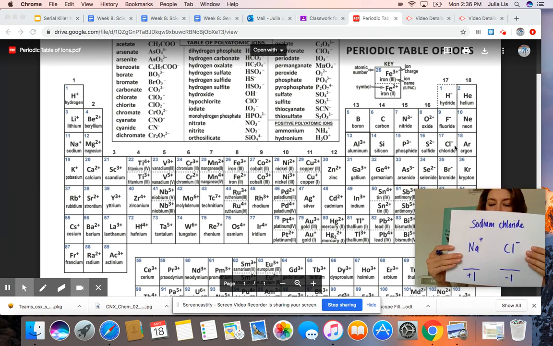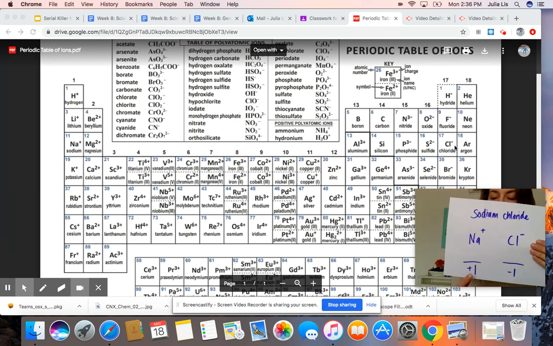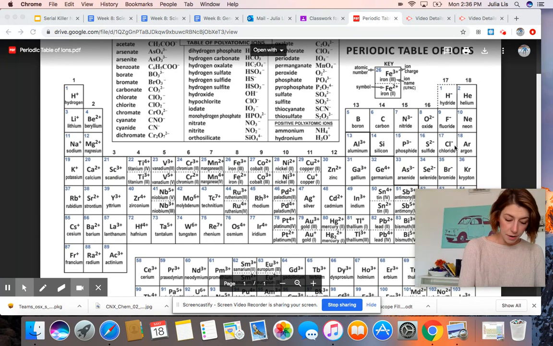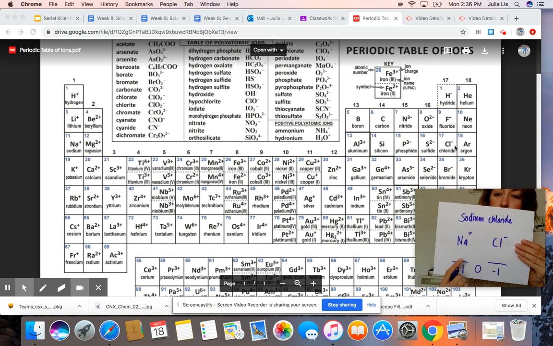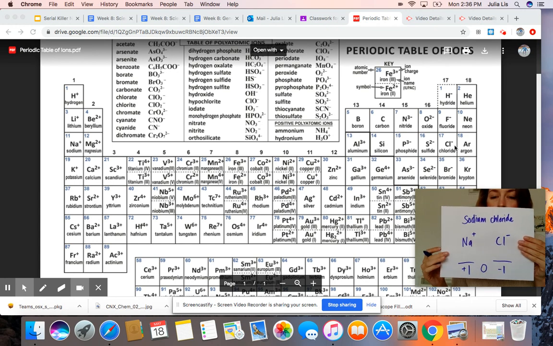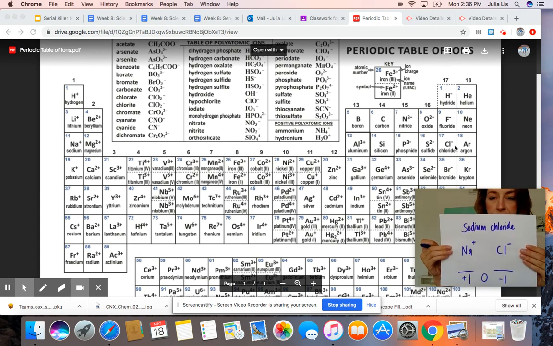So right now, if you were to put in your calculator +1 -1, you would get 0. So what this means is if you have 1 sodium and 1 chlorine, that they will neutralize each other and equal 0. So this is not a formula yet.